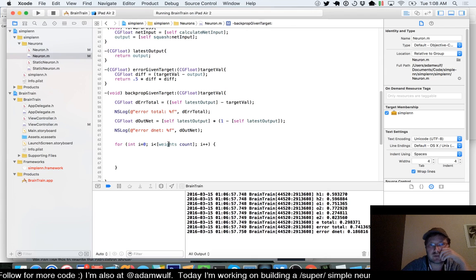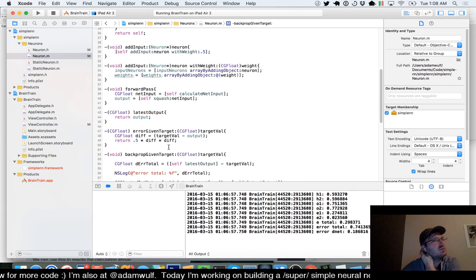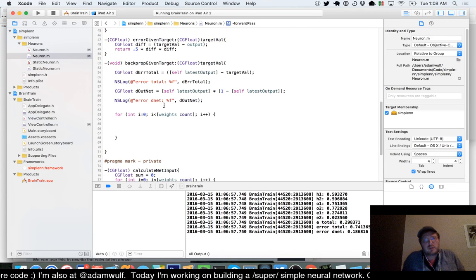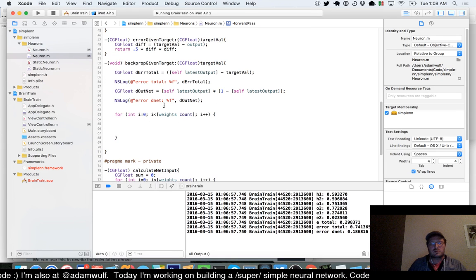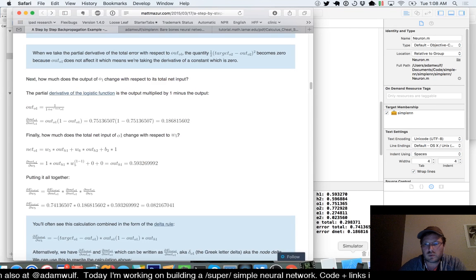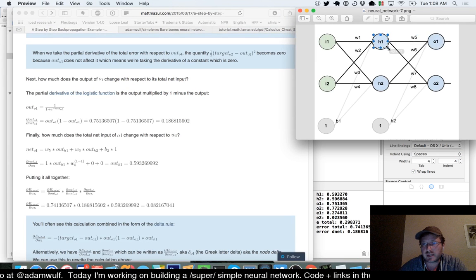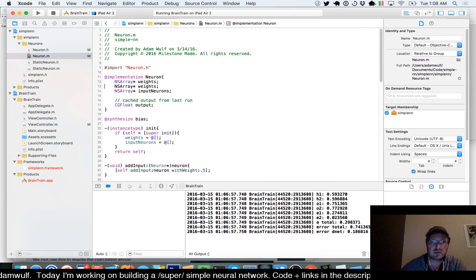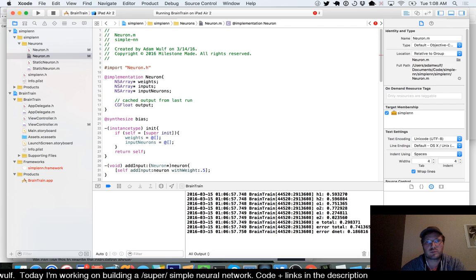So output of H1 is what? Calculate net input. So his H1 was this guy's output during our calculation, which means we need to save that. So inputs, input values, right?